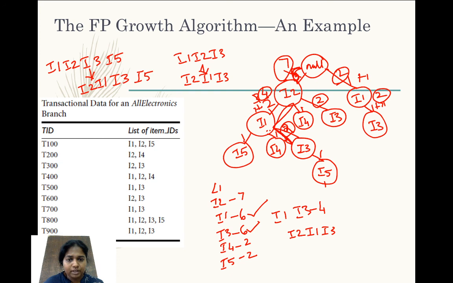I1, I2, I5 is also, we can derive it as I1, I2, I3 is also a pattern. So these two are the frequent patterns that I get from this FP tree. So instead of straining myself so much in scanning the data multiple number of times, I can get the frequent pattern by looking into the tree structure itself.